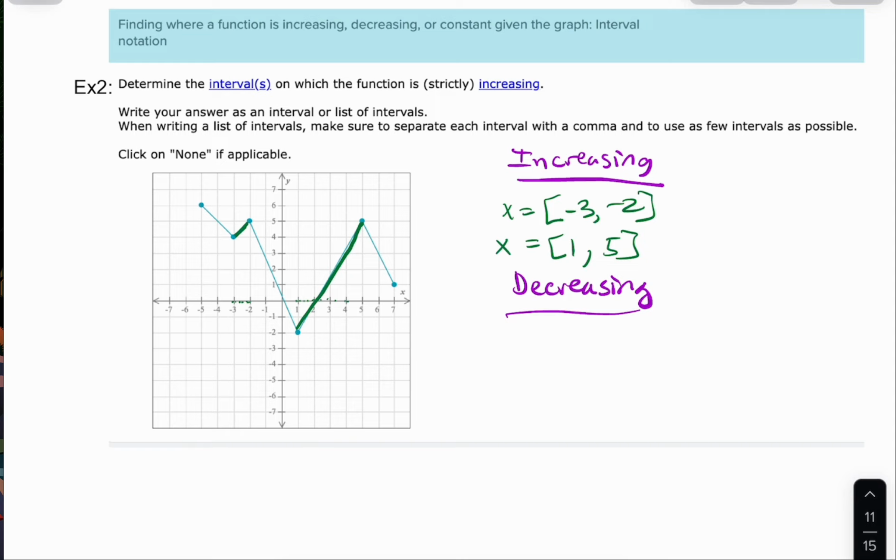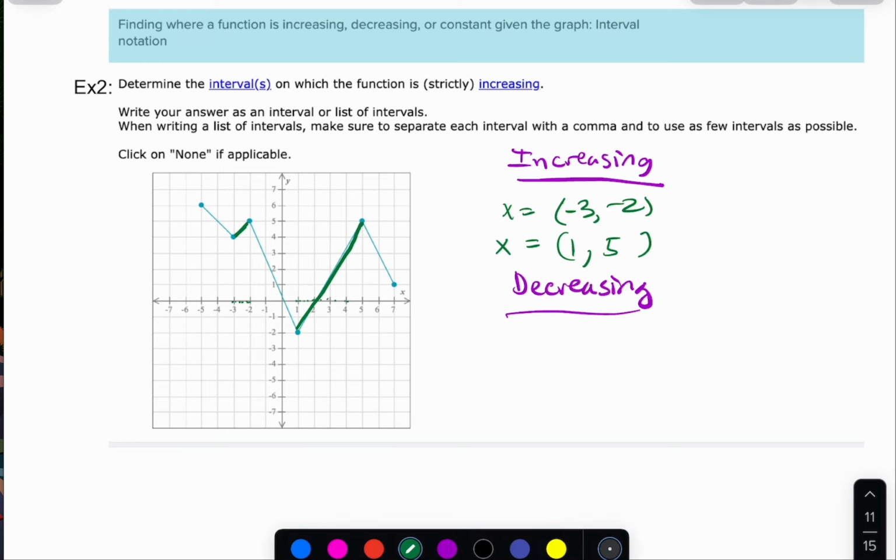And technically, it's a little better if we use parentheses. And the reason we want to use parentheses is because at that switchover point, at that little hill or valley in the graph, you're not necessarily increasing or decreasing at those hills and valleys.